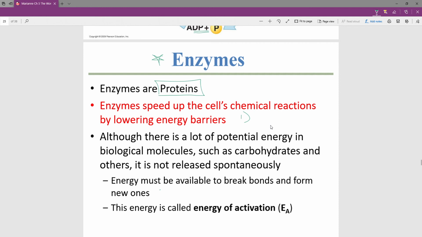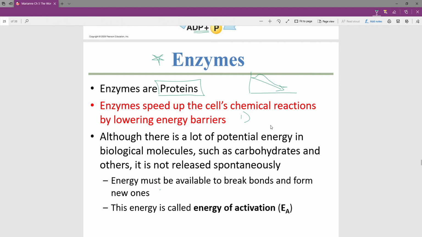There's always a buy-in, even for these chemical reactions that could happen spontaneously, these exergonic reactions. It takes money to make money. And so there's that idea of a buy-in or an energy barrier that the chemical reaction has to climb over in order to get to where it's going energetically.